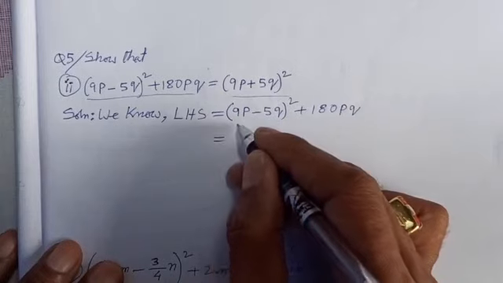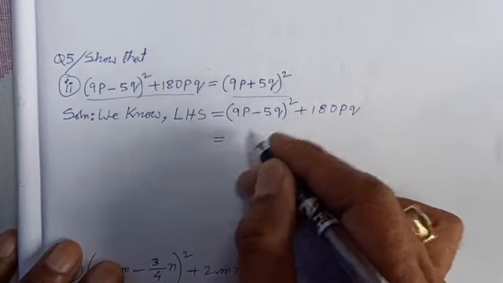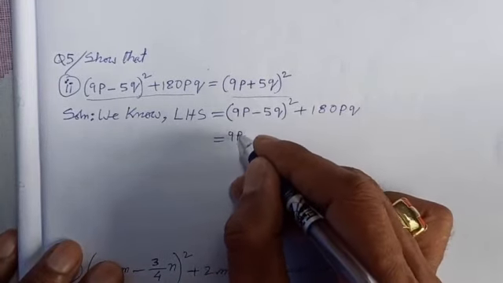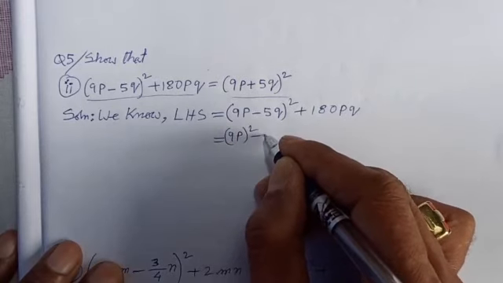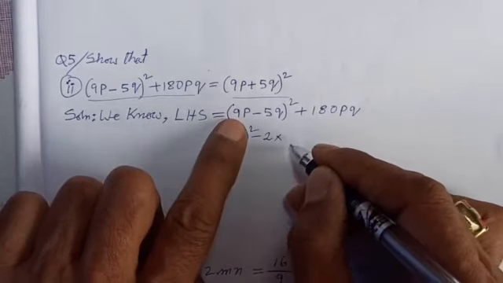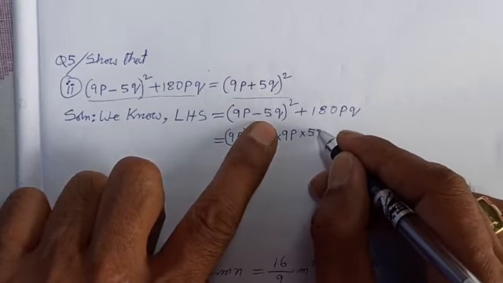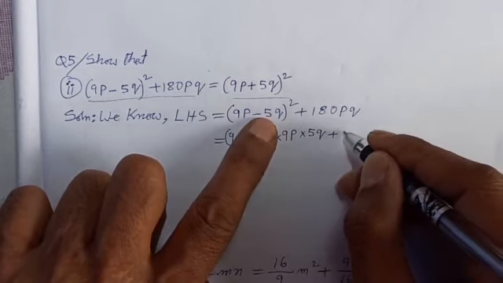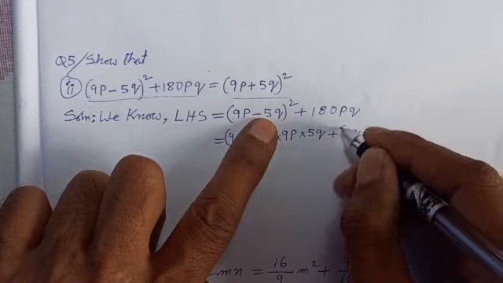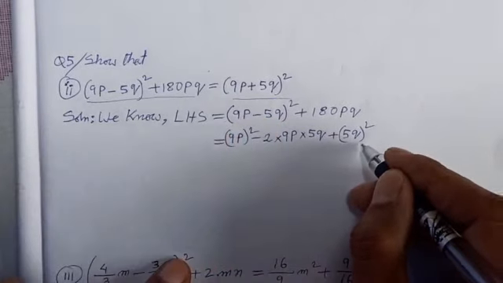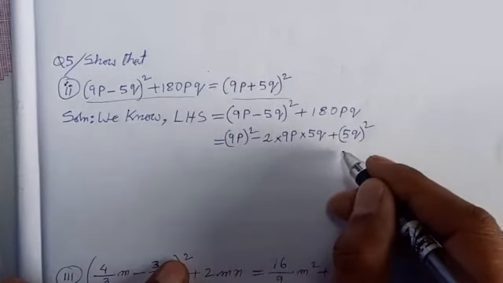Here let us use identity A minus B whole square. Then we can write as 9p whole square minus 2 times 9p into 5q, plus 5q whole square. We are writing this by using identity number 2.